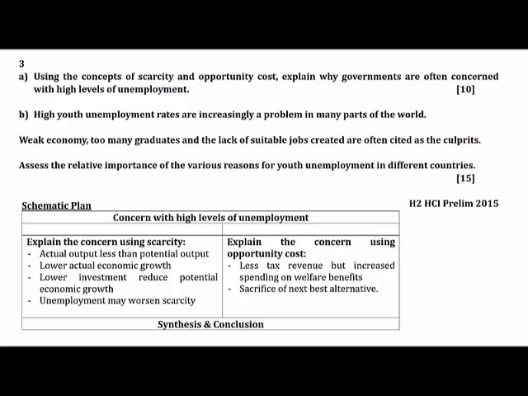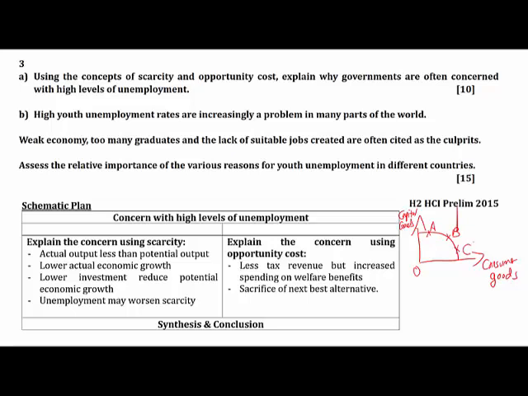So on your PPC, how do I illustrate unemployment? Let me draw your PPC. Down here, let's call this capital goods, and this consumer goods. On your PPC, these are your various points: point A, point B, point C.